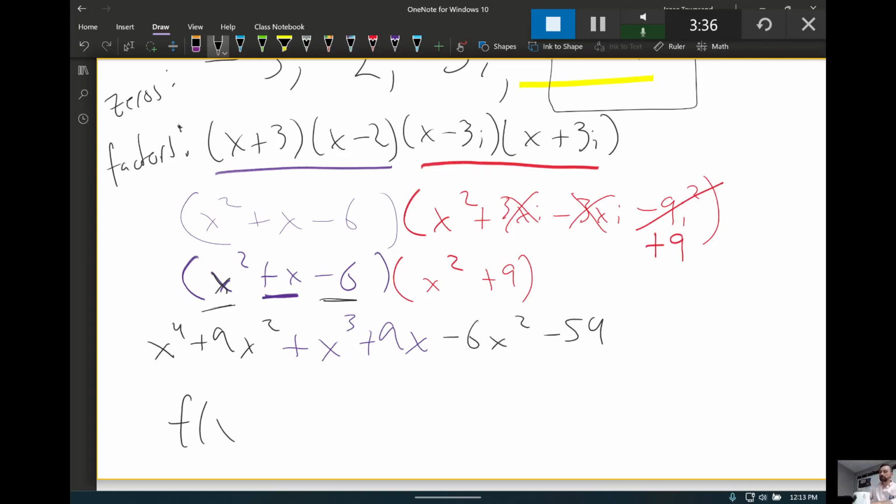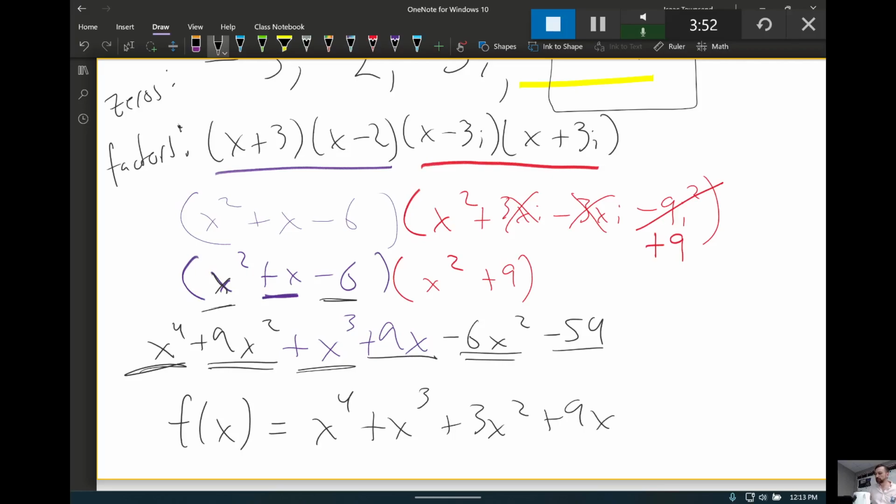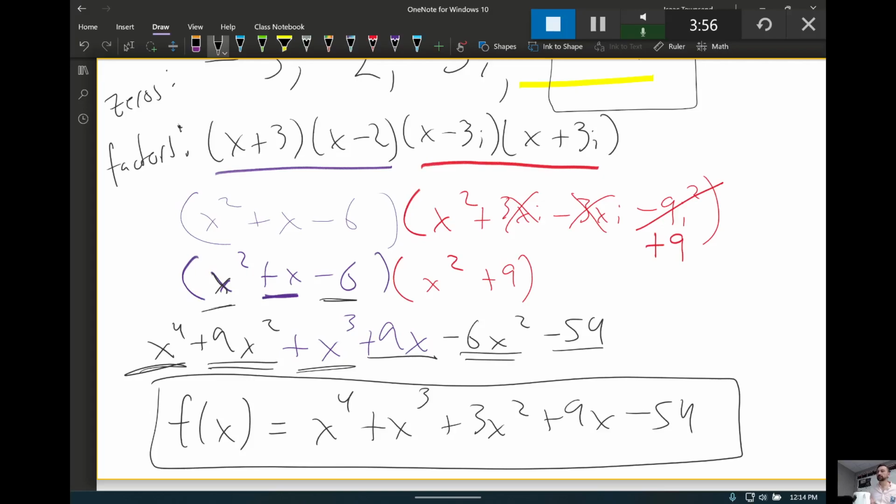But now just put them in standard descending order. I've got this many x to the 4th, this many x cubes, this many x squareds, this many x's, and this as a constant. So there's the polynomial that has real coefficients.